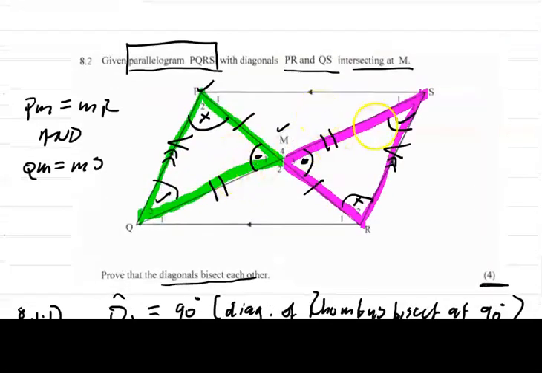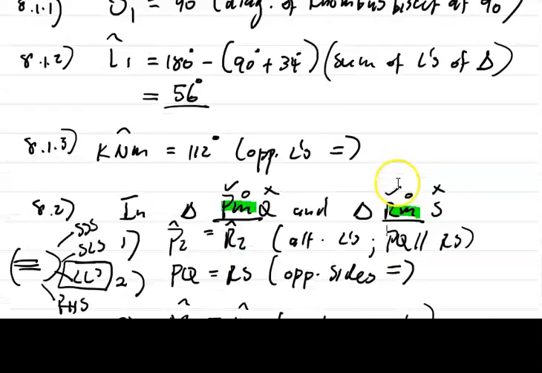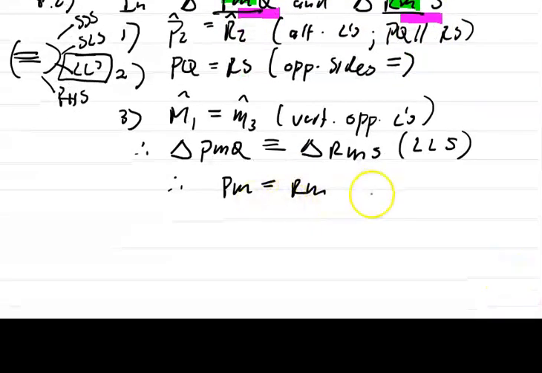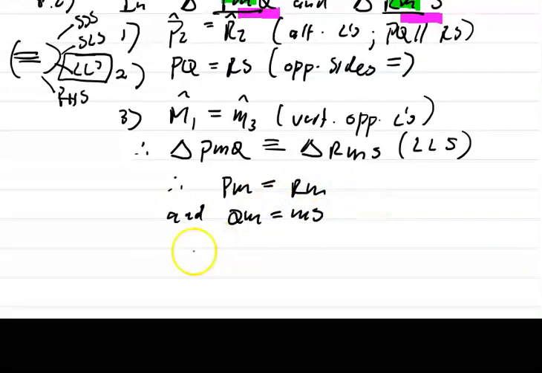The next one is QM and MS. There it is here. There's QM and there's MS. So we can write that down: QM equals MS. So that's now proven. Therefore, we can say the diagonals bisect each other.